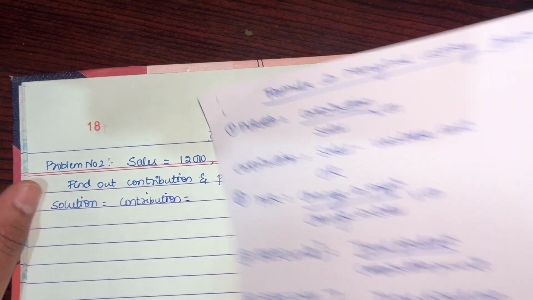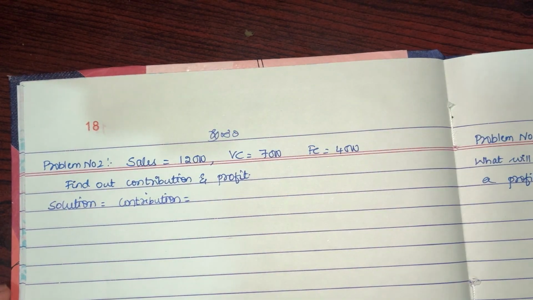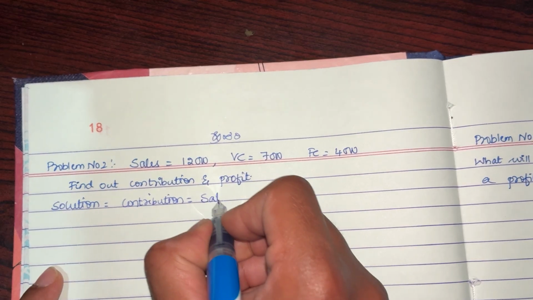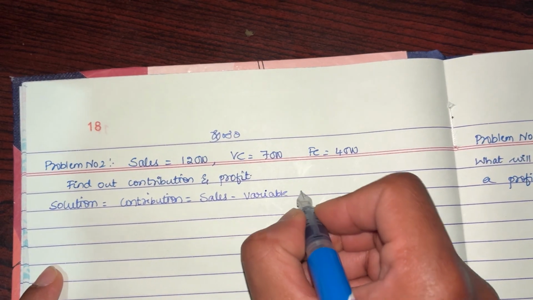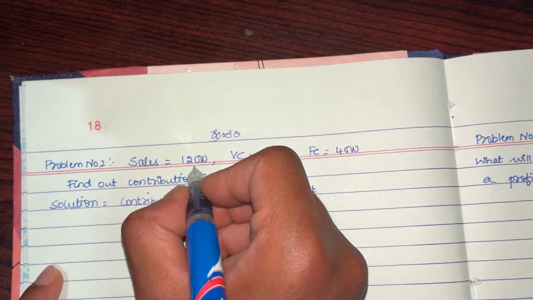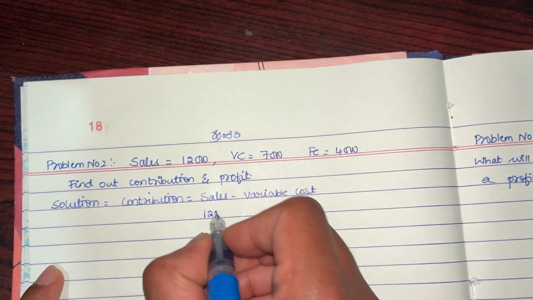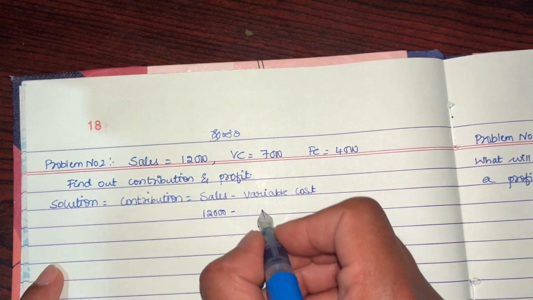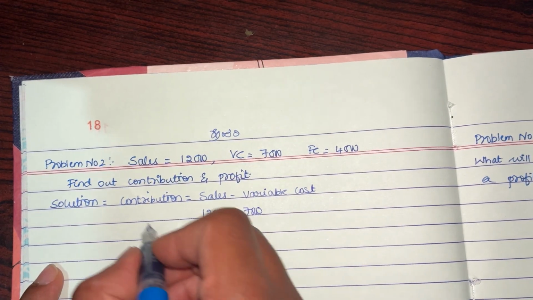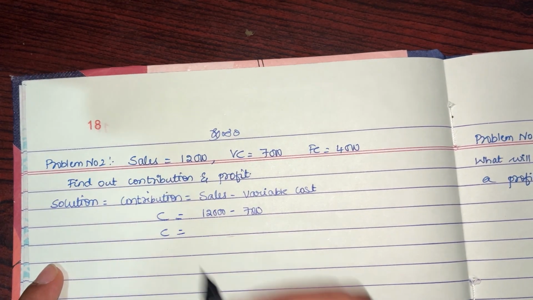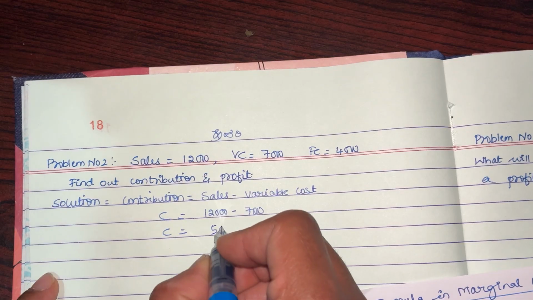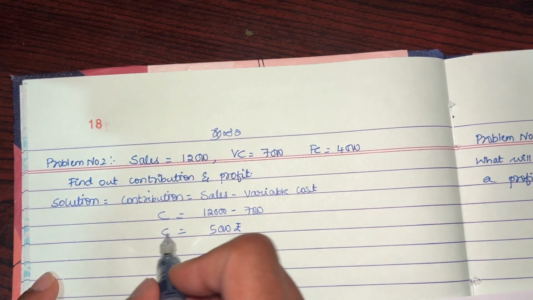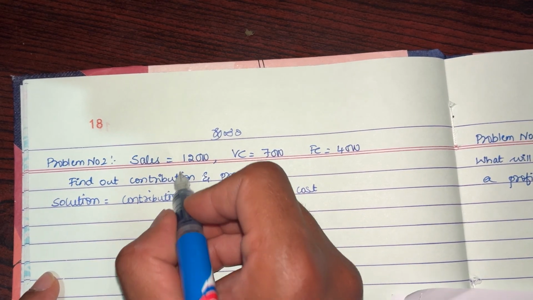Contribution equals sales minus variable cost. My contribution equals 12,000 minus 7,000, which is 5,000, guys. 5,000 rupees is your contribution. So the first question is answered.